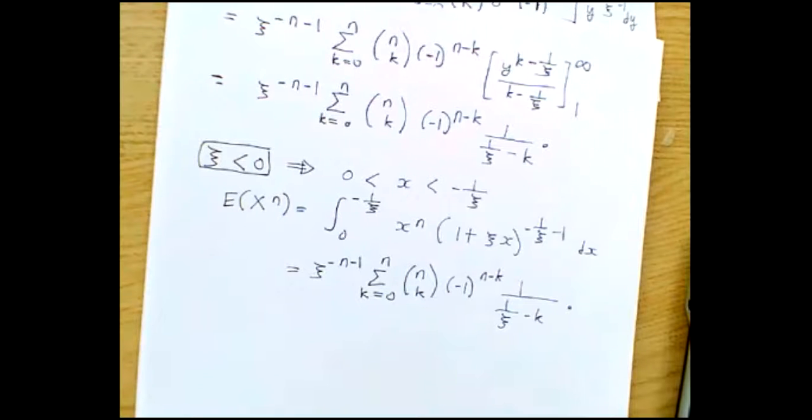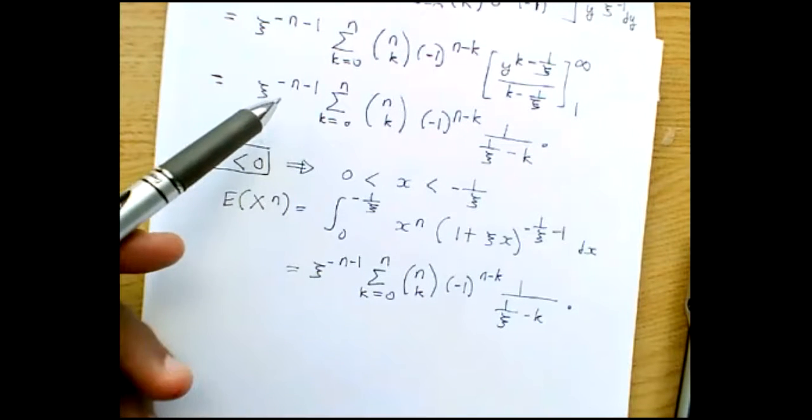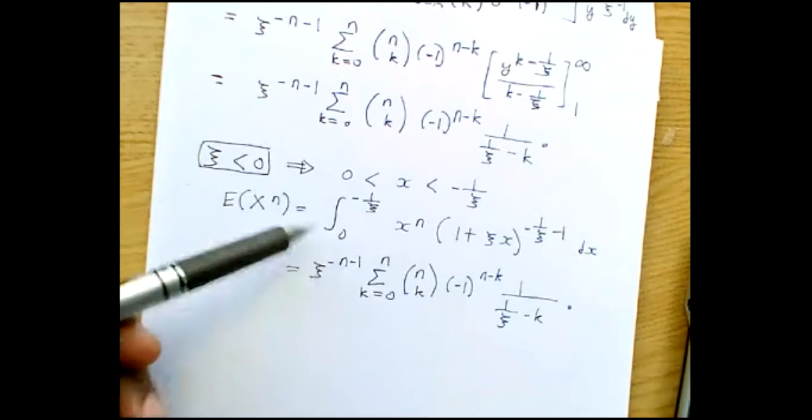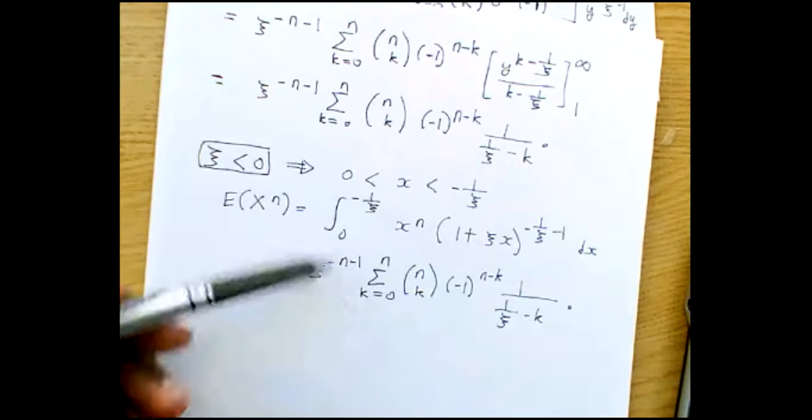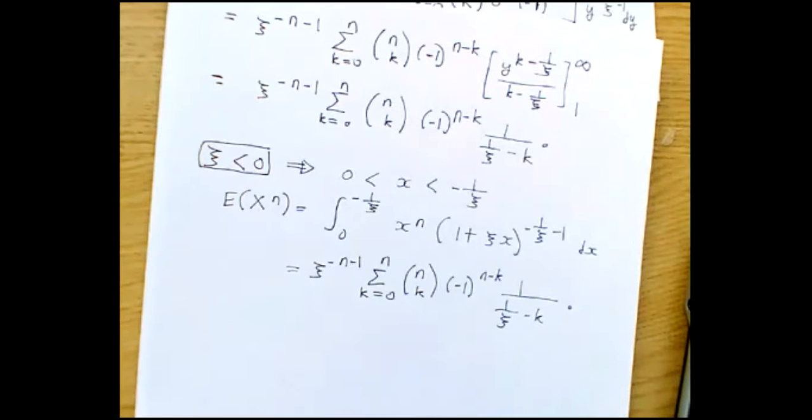This is what you will get, which is the same as this. You see, these two formulas are the same, although the sign is different. They give you the same answer, right?